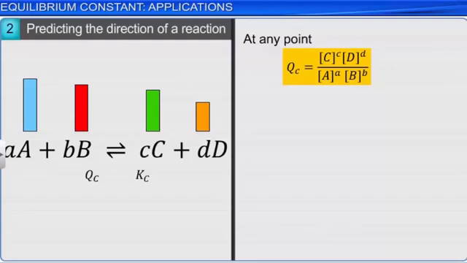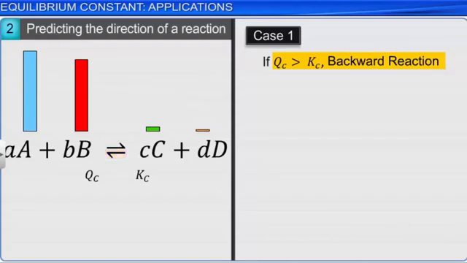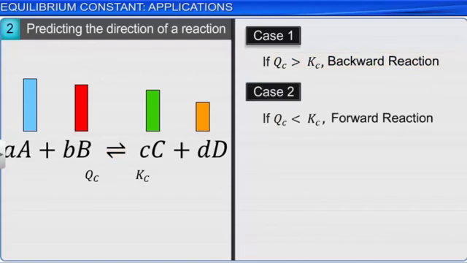Let us now examine how the reaction quotient and equilibrium constant help us in predicting the direction of a reaction. If the value of reaction quotient Qc is greater than equilibrium constant Kc, it means that the backward reaction takes place. In other words, the reaction proceeds in the direction of the reactants. If Qc is less than Kc, the forward reaction takes place.